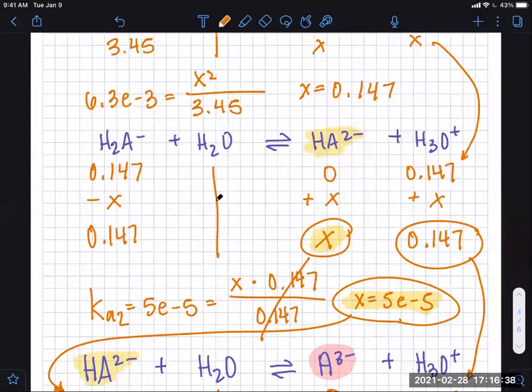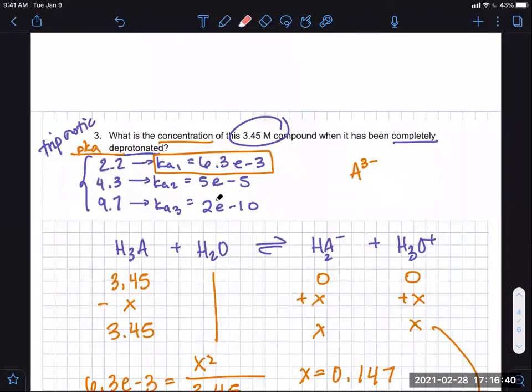Whenever you're given a question looking for the completely deprotonated form, or sometimes they'll show you a picture of the completely deprotonated form and ask what is the concentration of this molecule, you'll notice it's completely deprotonated, or it'll describe it.